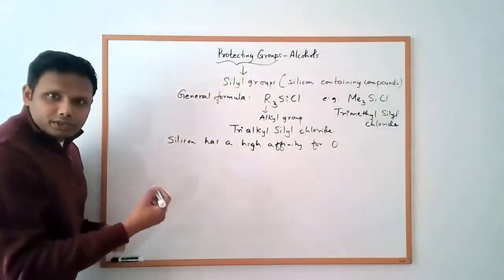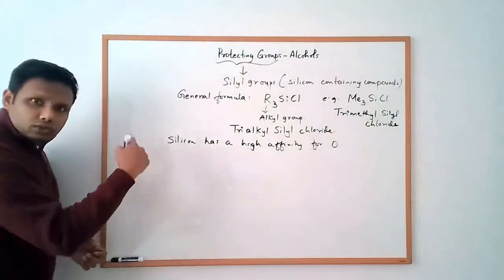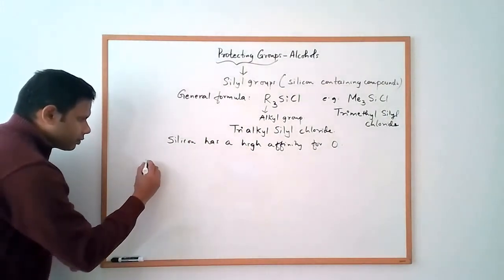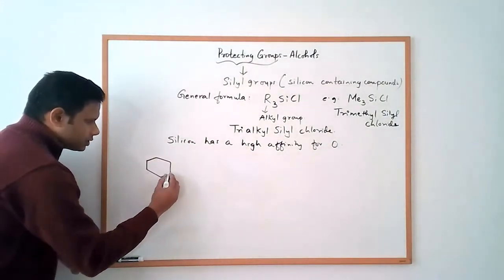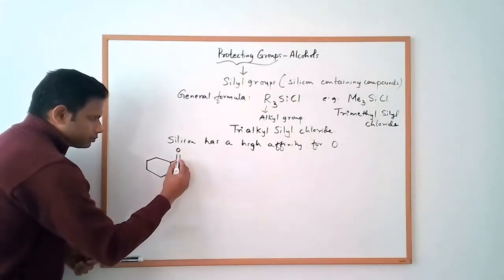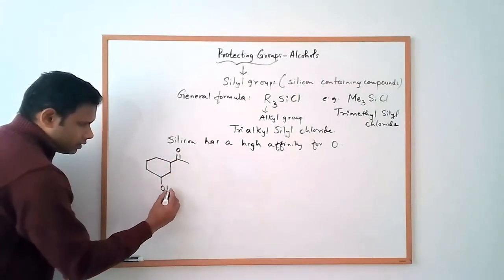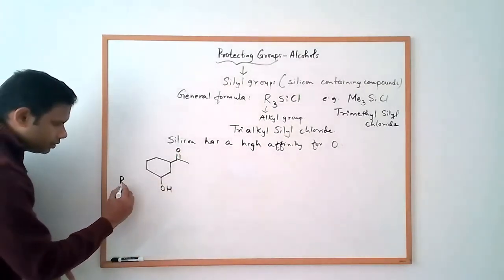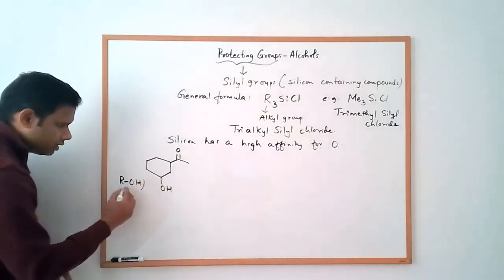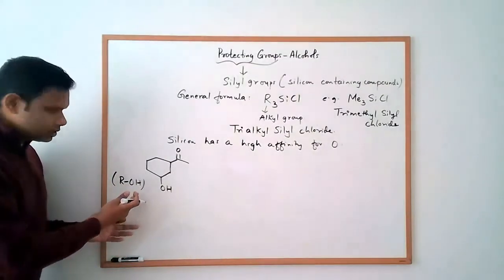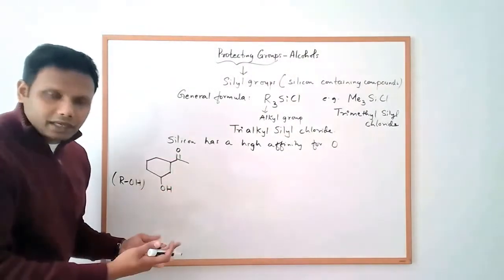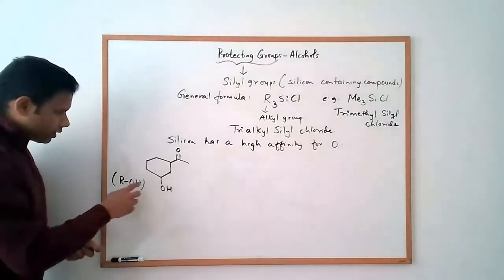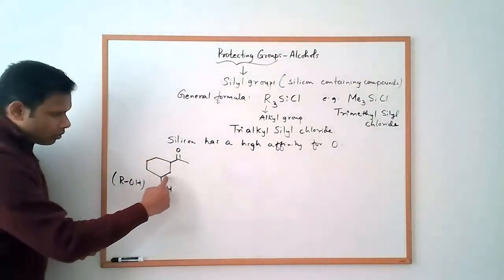So the way we protect an alcohol, and I'm going to use the example that we had prior, is to start with your compound. Again, I'm using this compound, but you could apply this to any alcohol. So use this compound as an example of an alcohol where the R group is all of that.